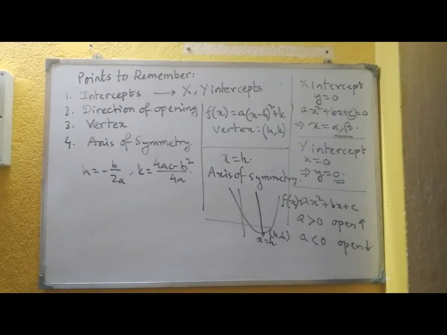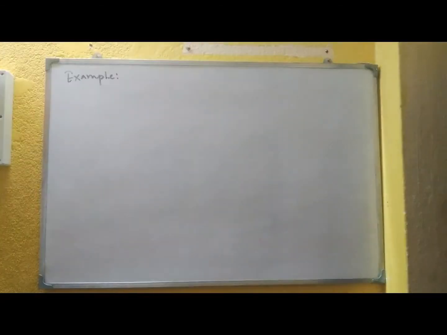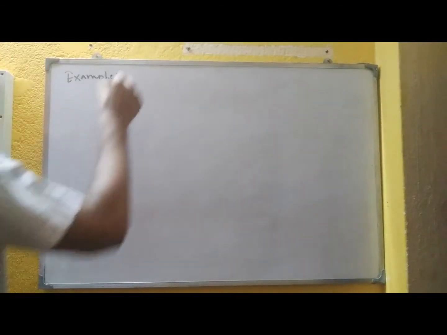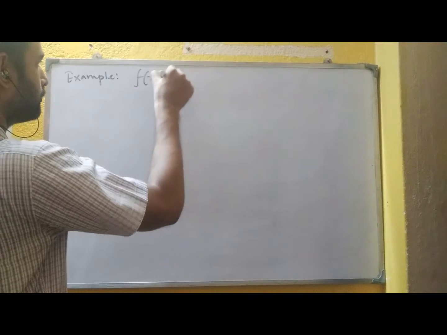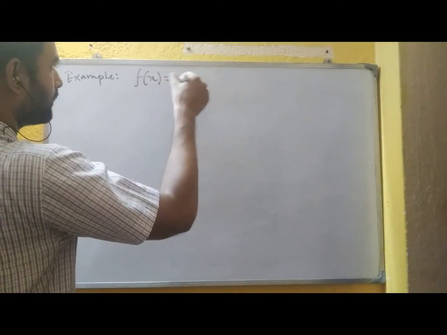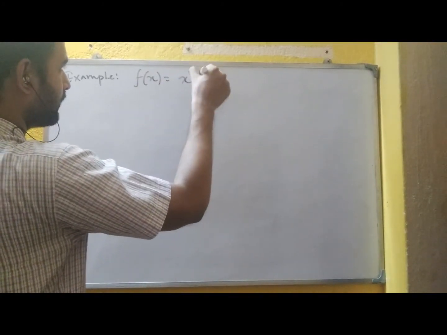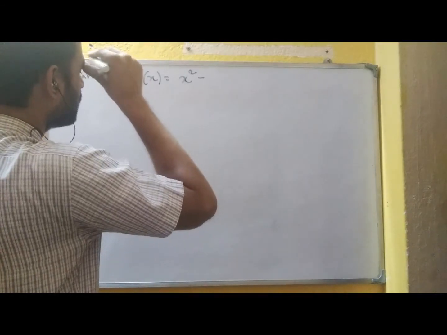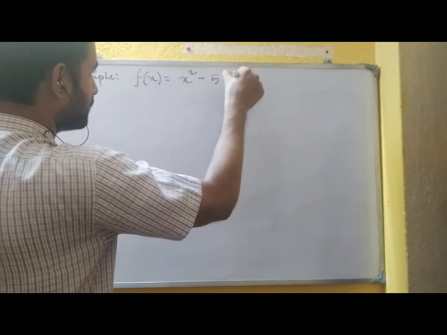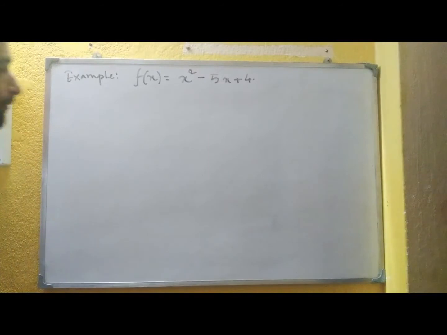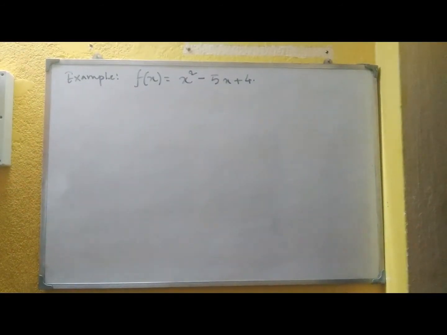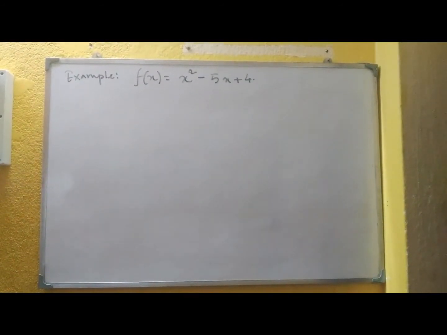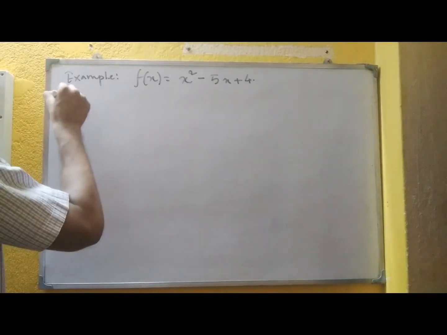So now let us draw a quadratic expression. Suppose we are taking the expression f(x) equals x square minus 5x plus 4. So the four things we have to do are these.